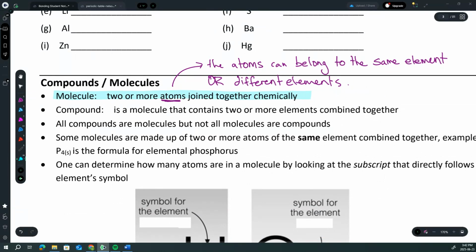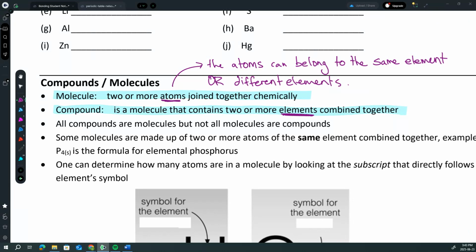Now a compound is a molecule that contains two or more elements combined together. So that's the key distinguisher between molecules and compounds. So molecules are made up of atoms that either belong to the same element or different elements, and compounds are a molecule.